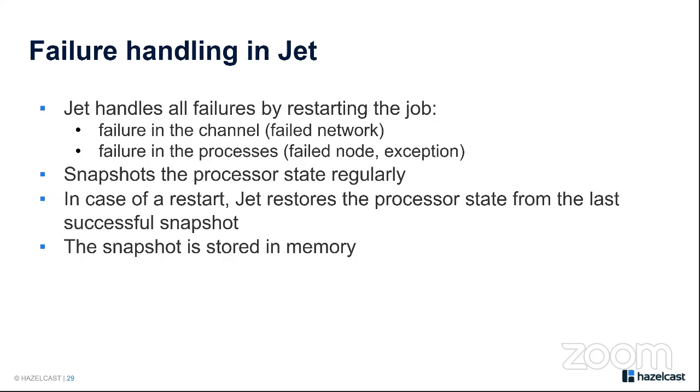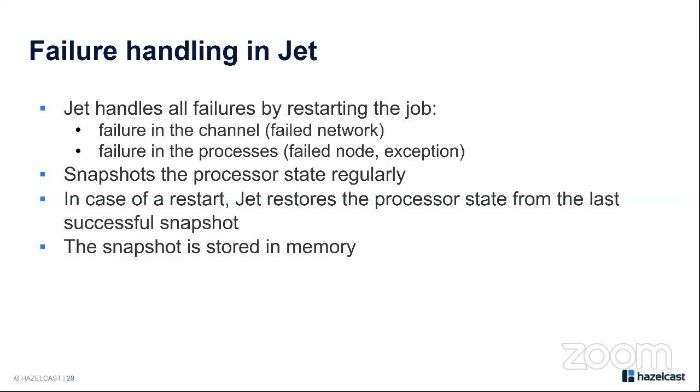This I already mentioned. Jet handles all failures by restarting the job. This includes failures in channels, like network connections, or failures in processors, like a failed node or an exception in the code. And Jet executes the snapshot algorithm regularly. The user can configure it, but let's say it's every 10 seconds.